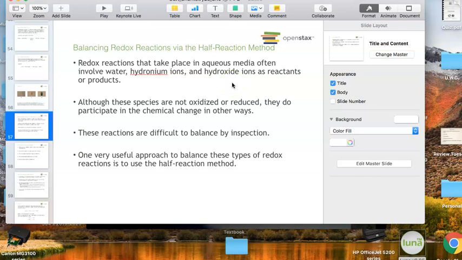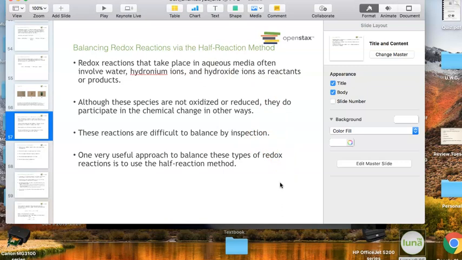Those are always going to be there because it's a solvent, so there's a lot of them around. Although the species are not always oxidized or reduced, they're talking about the water molecules, the hydronium ions and the hydroxide ions, they do participate in the chemical change in other ways.